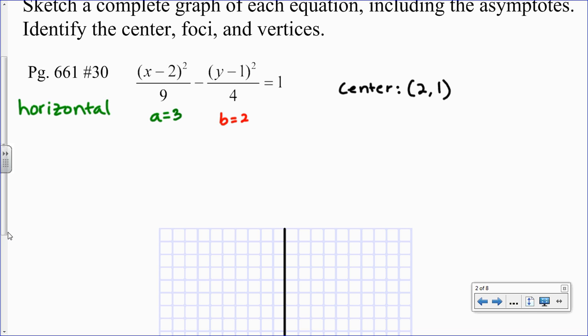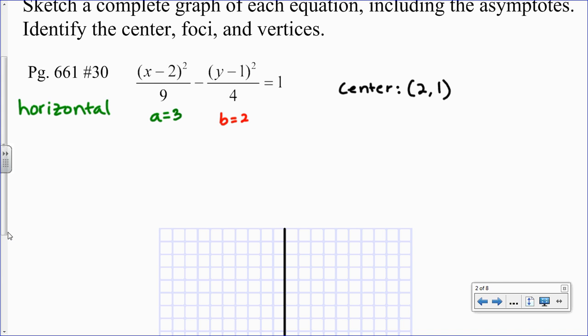Okay, so a is always your horizontal distance, b is always your vertical distance. No matter if the hyperbola is horizontal or vertical, or which one's bigger, a is always horizontal and under x. b is always vertical distance and under y.